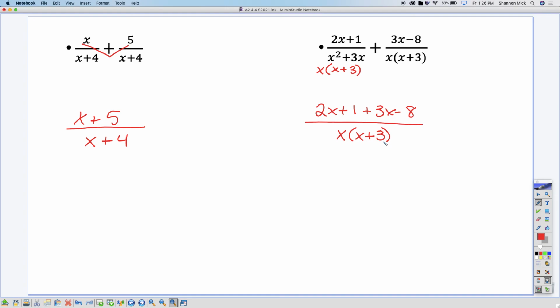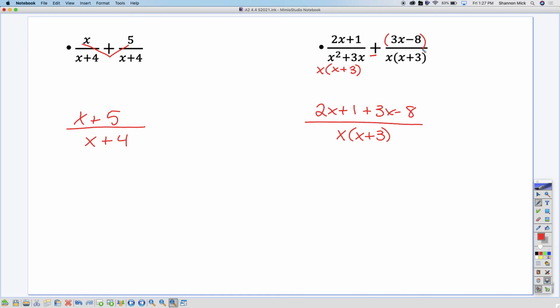Now, what would I do if I changed this plus right here to a negative? How would this change the problem? You distribute the negative through your quantity, and then you combine like terms, right? 2x plus 1 minus 3x plus 8.